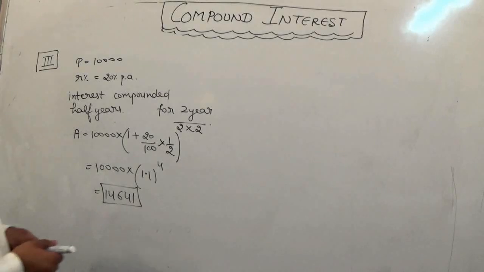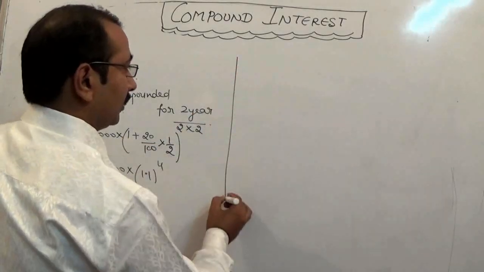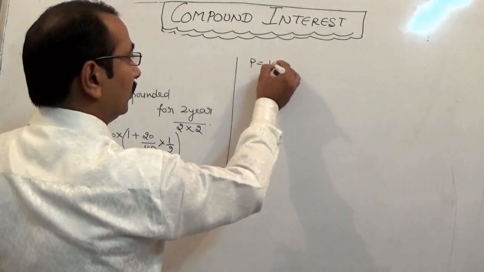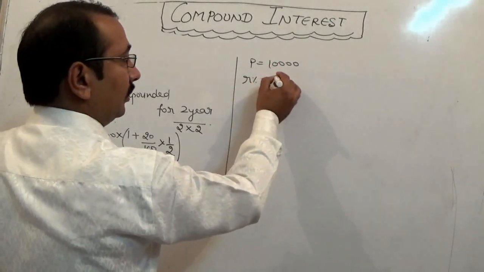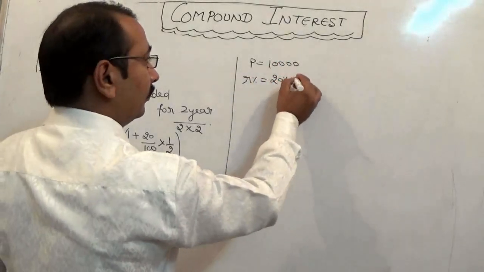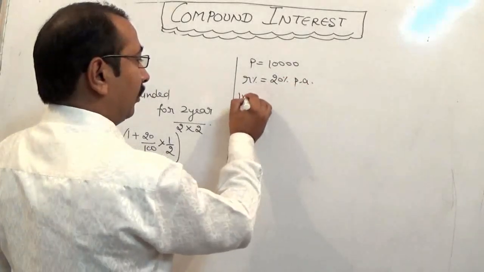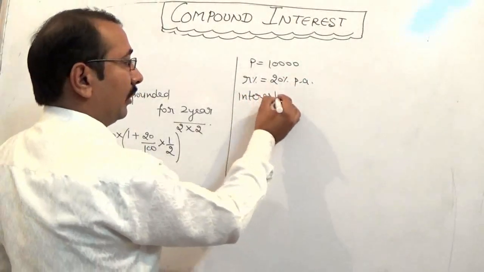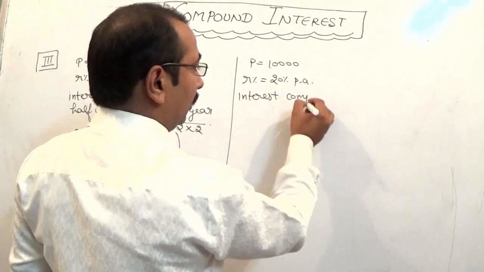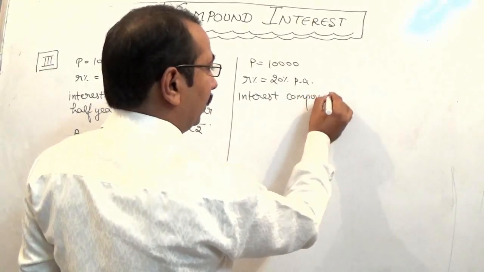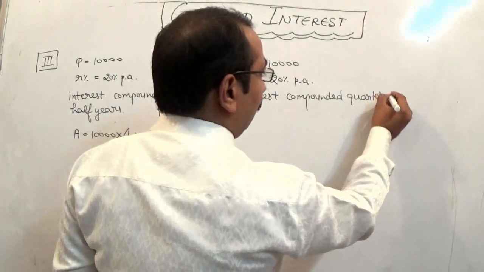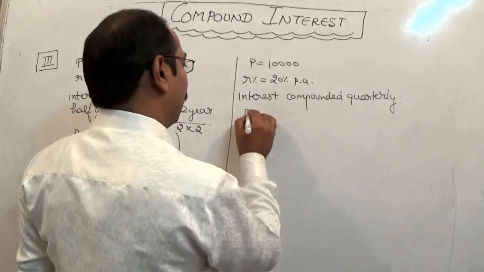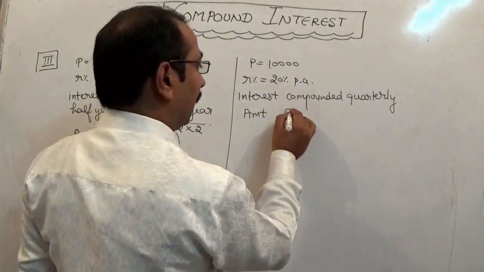One more question. It is given that principal is 10,000, rate of interest is 20% per annum, interest is compounded quarterly, and we have to find out the amount after 9 months.